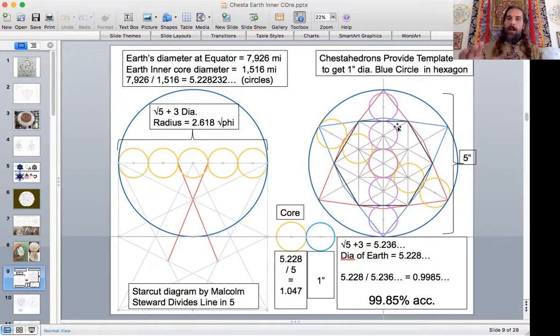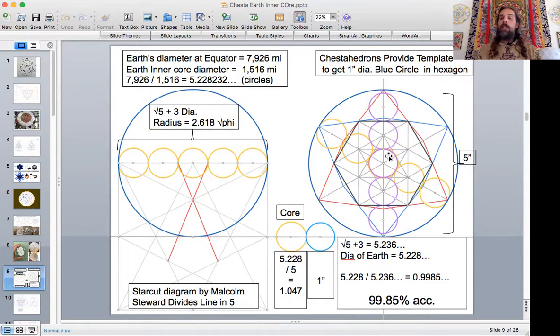And it just so happens, and this is totally amazing, that when you draw in that hexagon, the classic hexagram stars, and then you put in this blue circle at the center of the stars, you've got that circle in the middle. This one right here is the same as that. That just happens to be 1 inch. So that provides the scale of this yellowish orange circle here, okay?